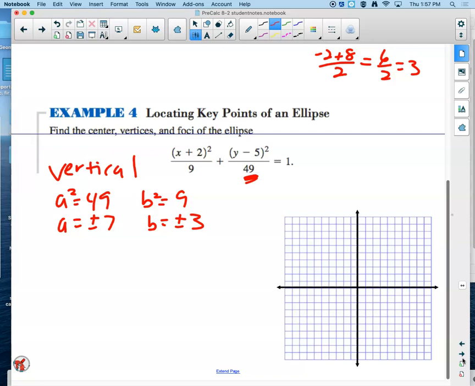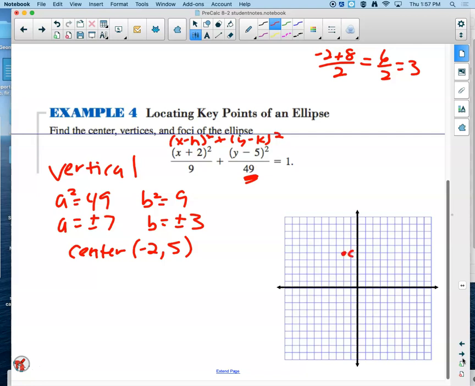And then, if I want to graph it, the other thing I'm going to need to know is the center, and that's h and k. So if we have x minus h squared plus y minus k squared on the top, then that gives me an h value of negative 2 and a k value of 5. So there's my center at negative 2, 5.